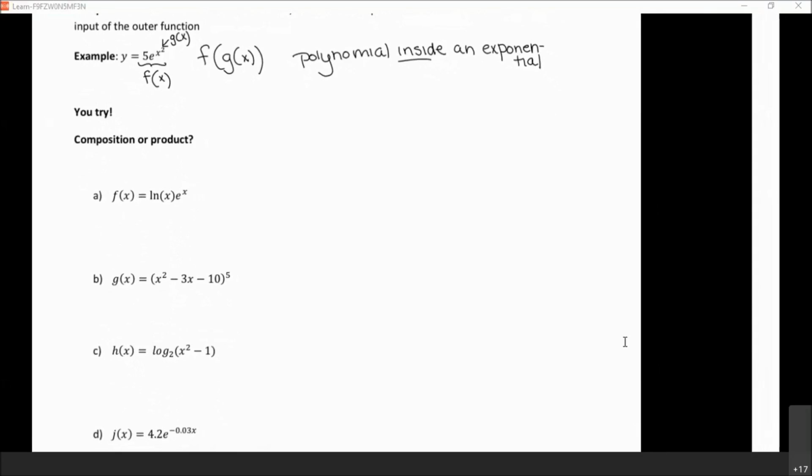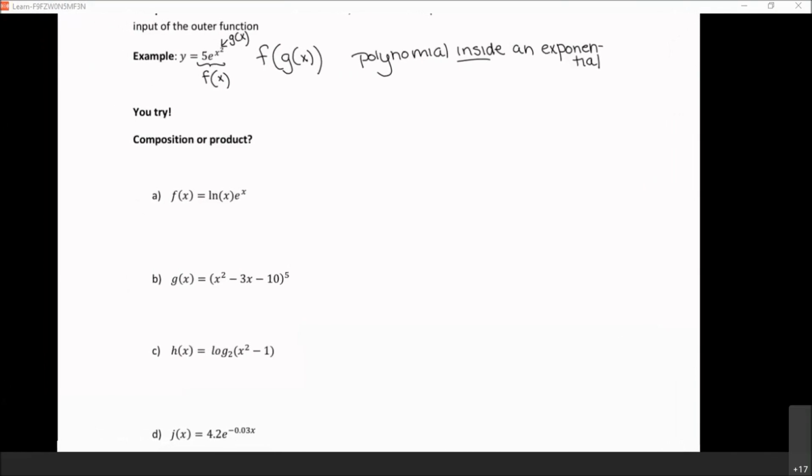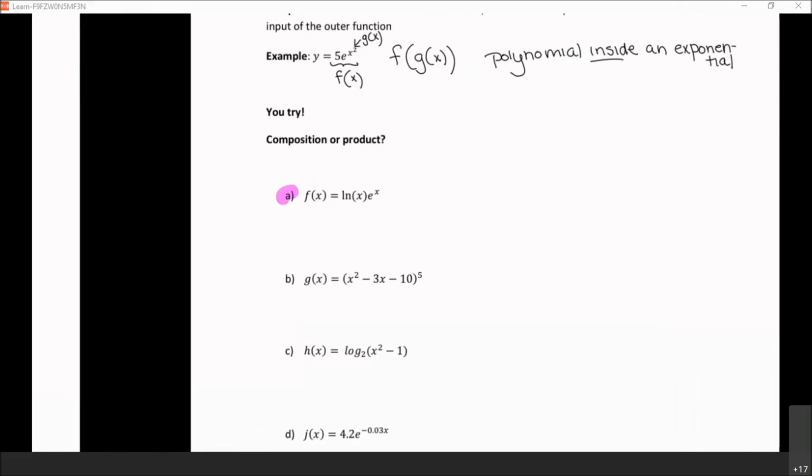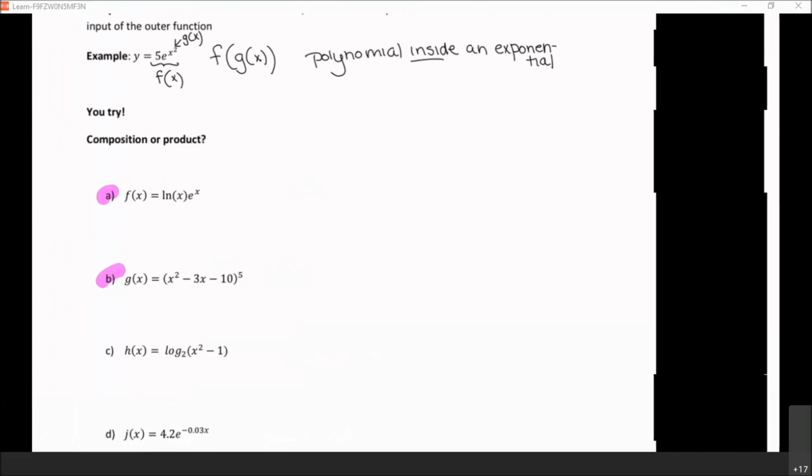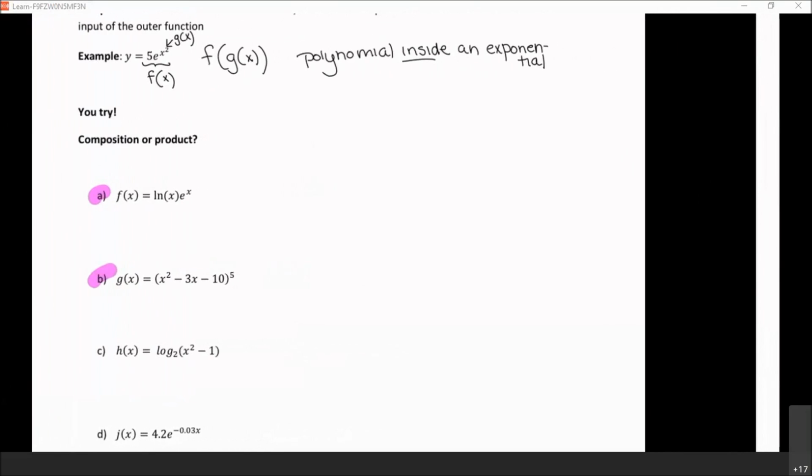So that's what I'm asking you. Look at A and B, type composition or product. So say A, and then tell me what you think it is, and on the same line, B and what you think it is. So we're just going to look at these 2 to start with. The first 2. You've got to tell me what it is, composition or product.